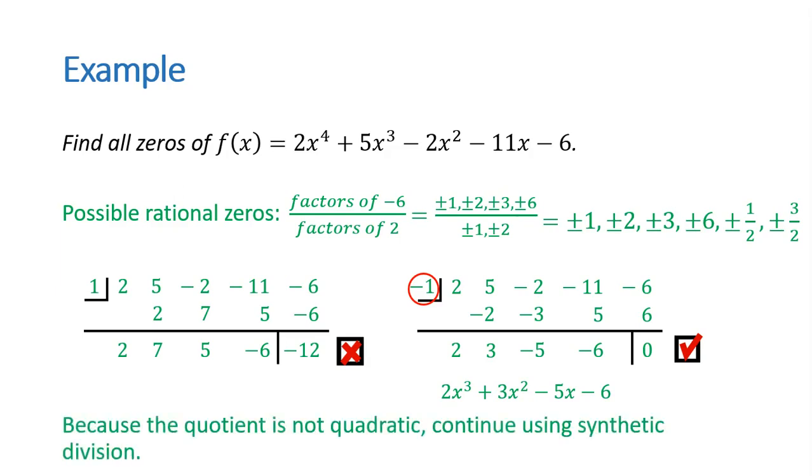Because the quotient is not quadratic, it's not something we immediately have a technique to factor, this is when we want to continue using synthetic division. But we're going to use synthetic division now with the quotient instead of the original polynomial we started with. So we found negative 1, a zero. Now we're looking for the rest of them. We're going to continue synthetic division because our quotient is not yet quadratic.